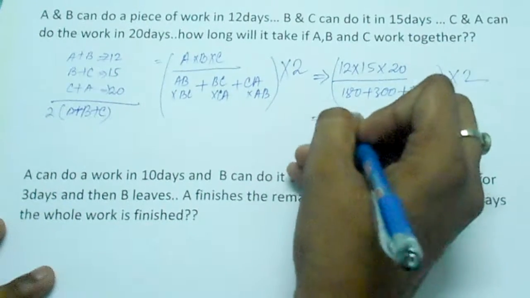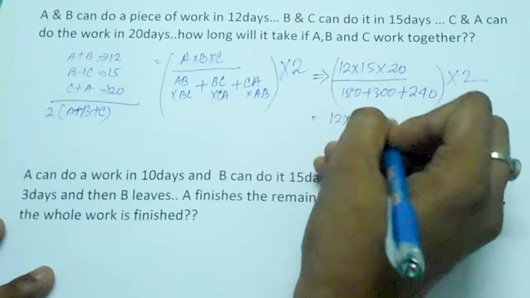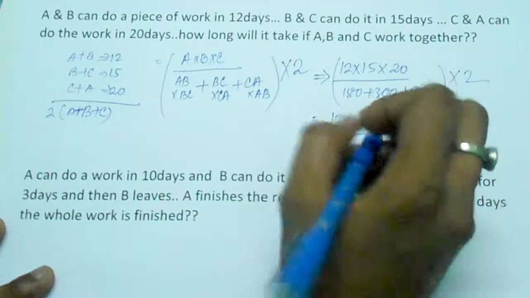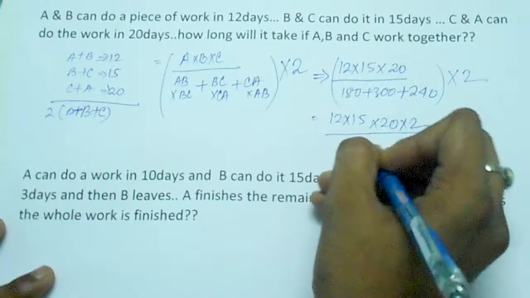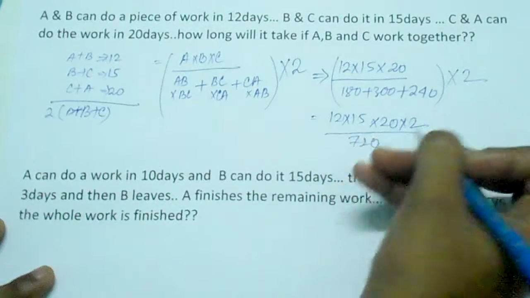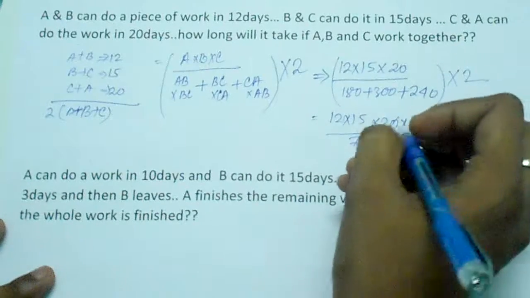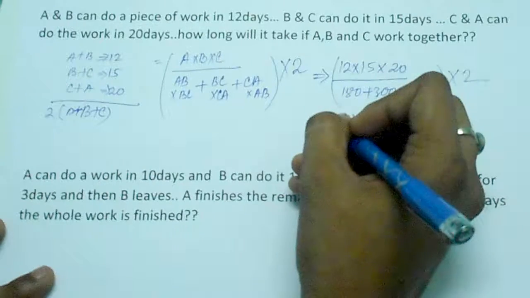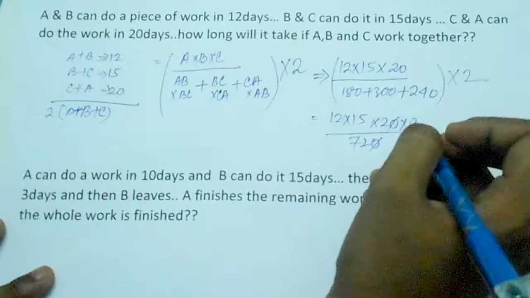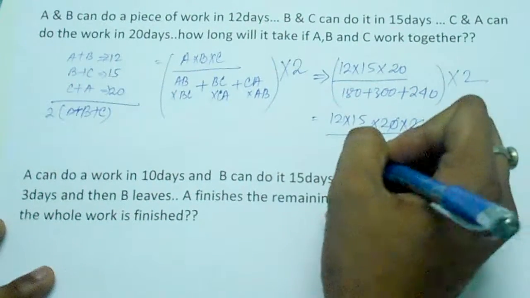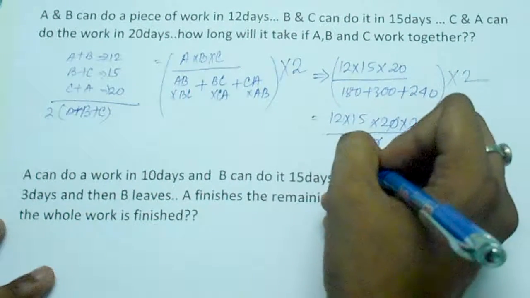So it's 12 into 15 into 20 into 2 divided by 720, and this is the calculation part.